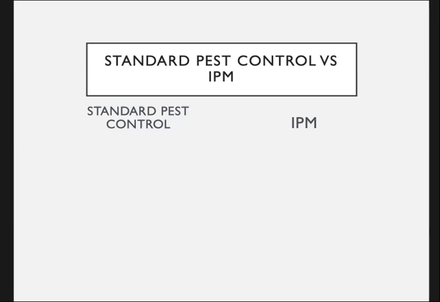We could also compare them in terms of their overall goal and the methods that they generally use. So if we were to look at the mindset, standard pest control is very reactive to pest problems. So you identify outbreaks and then have to solve the issue very quickly, usually.